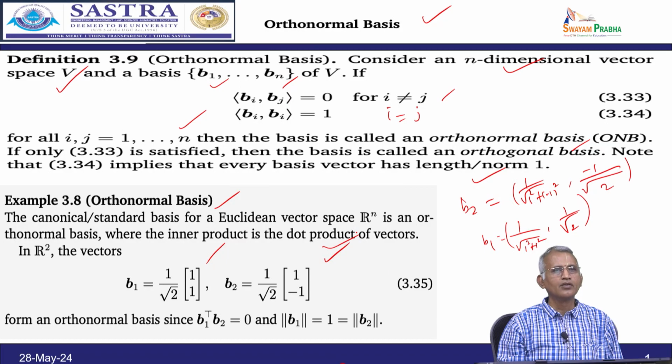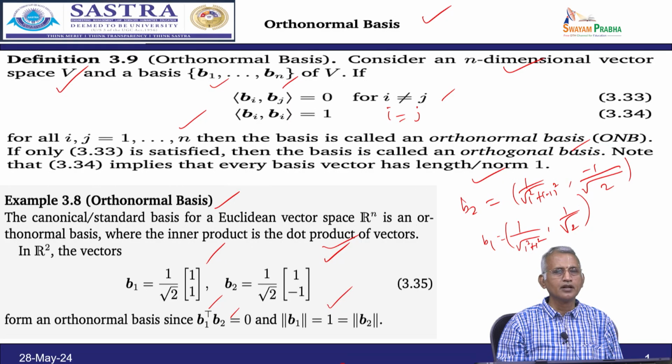Now, two vectors B1 and B2 are orthonormal if and only if B1 transpose B2 is 0, and if you take the norm of B1, definitely 1 will come. Similarly, if you take the norm of B2, 1 will come.